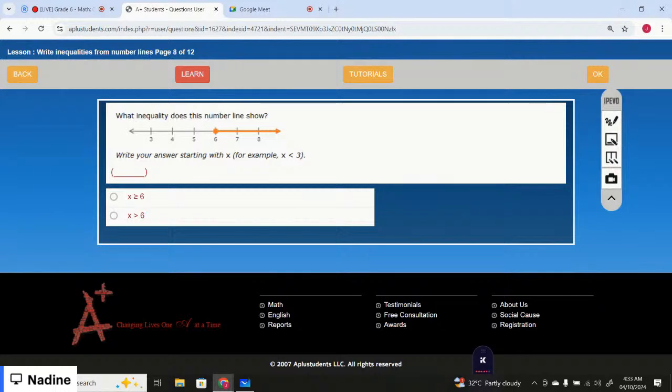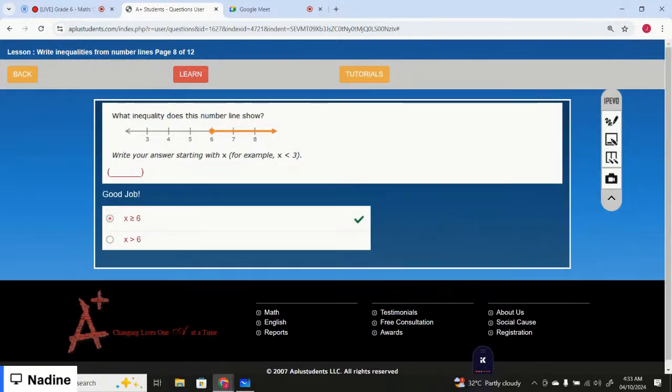So on the right hand side, all the numbers are greater than 6. So x is greater than or equal to 6, sorry. Option number 1 is the correct option.